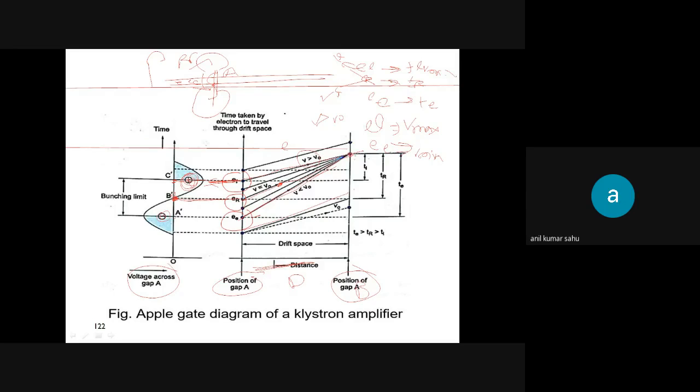This is for one cycle. For one cycle you form one bunch, and for another cycle another bunch is formed. So the bunching process happens inside the buncher cavity, and all these things you receive at the catcher end.